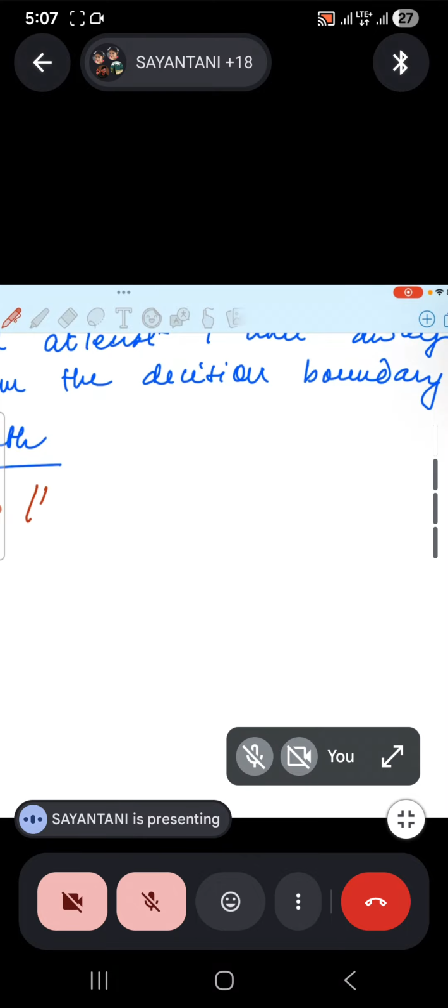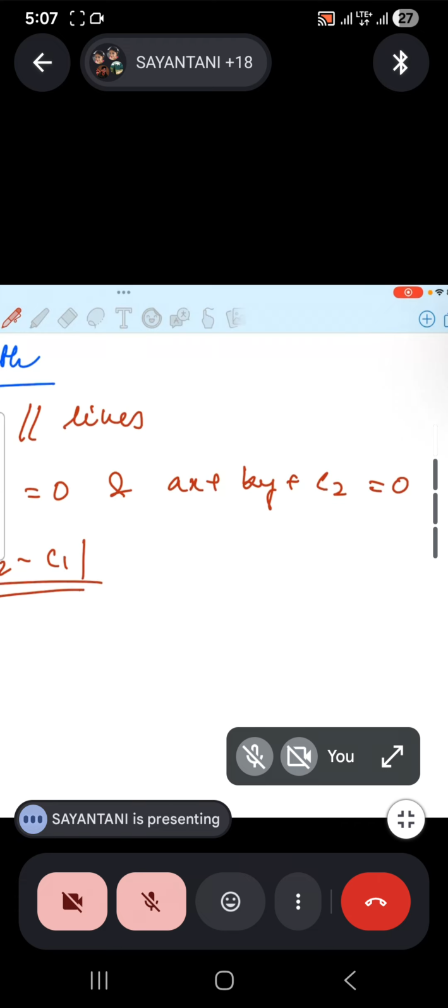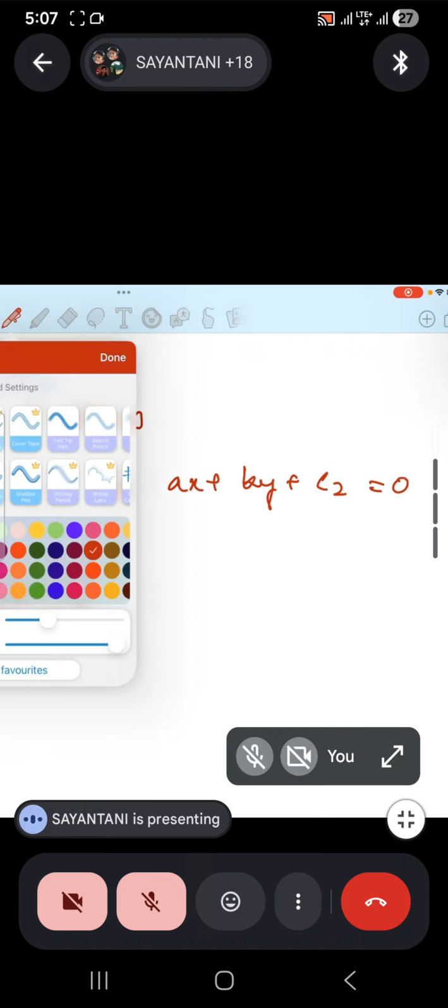For two parallel lines, if you remember from mathematics, ax plus by plus c1 equal to 0 and ax plus by plus c2 equal to 0, the distance between the two lines is modulus of c2 minus c1 divided by the square root of a squared plus b squared, right?